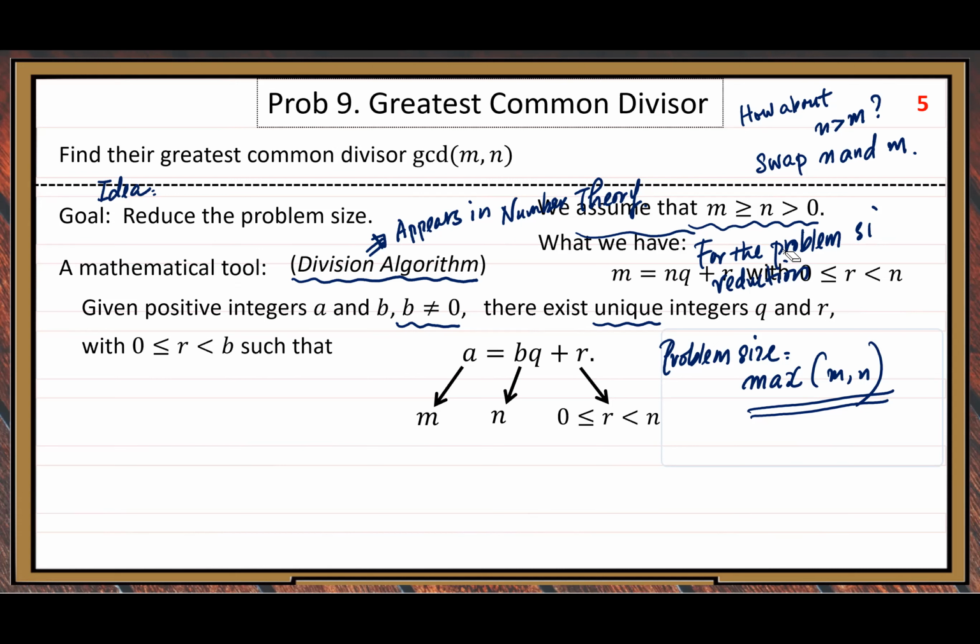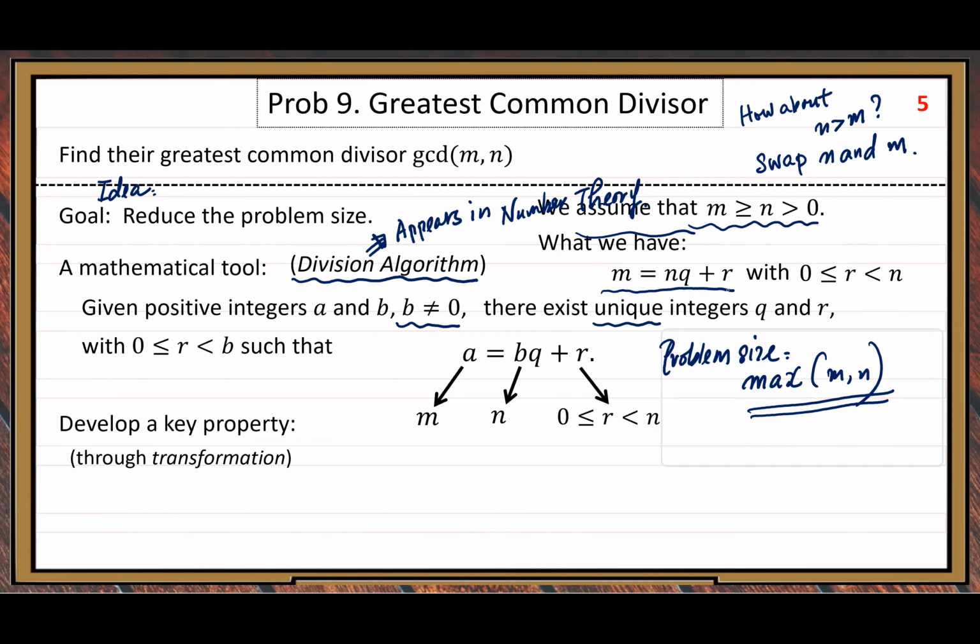All right. So here, to do the problem size reduction, let's start with this version after we apply the division algorithm. The next step, in order to see how we reduce the problem size, we need to do transformation on this formula.